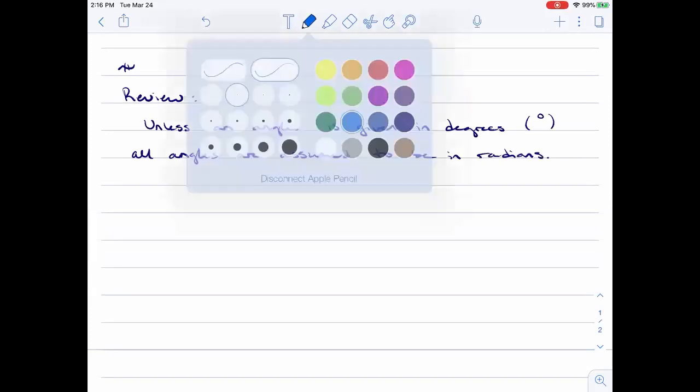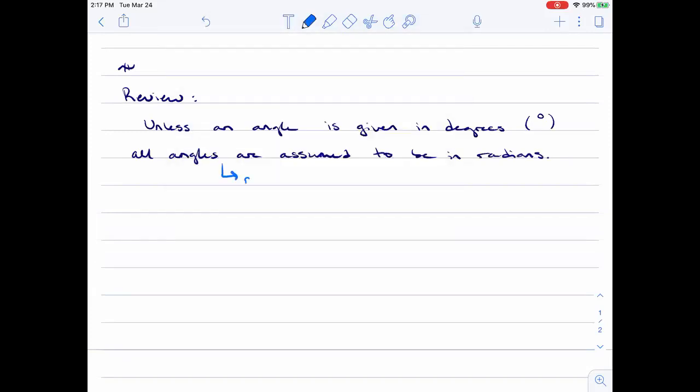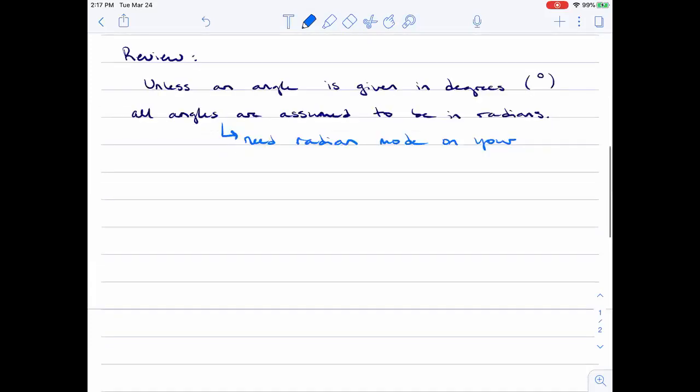What that means for us is on your calculator, we need radian mode. Most scientific calculators have a little R up at the top or a little D at the top. You want to make sure that you're in radian mode. DRG is what mine says.